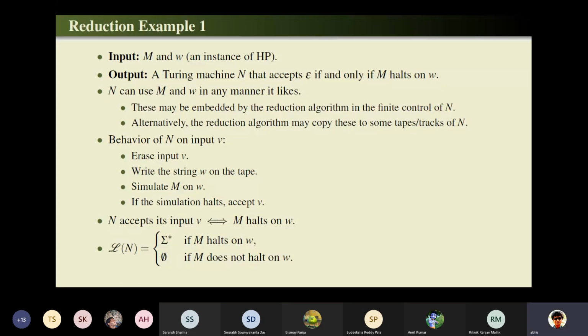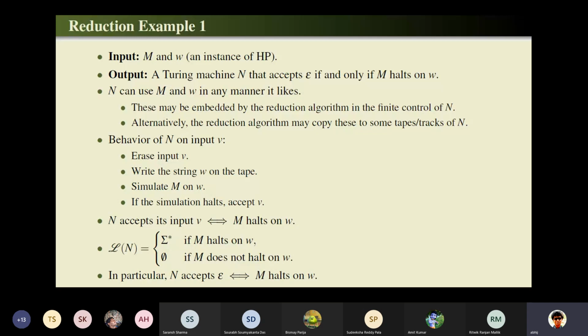If M does not halt on W, it gets stuck in phase 3. It accepts nothing. So epsilon belongs to sigma star, but epsilon does not belong to the empty set. Epsilon is a member of this, but not of this. In particular, N accepts epsilon if and only if M halts on W.